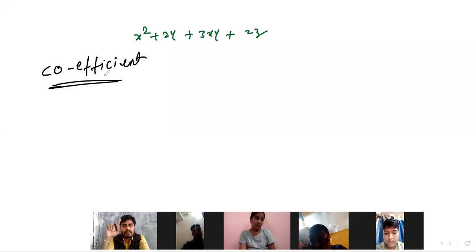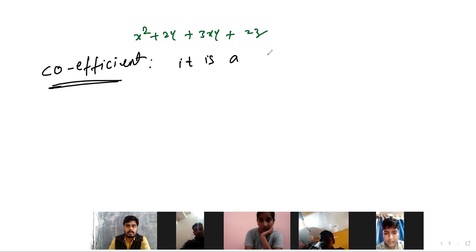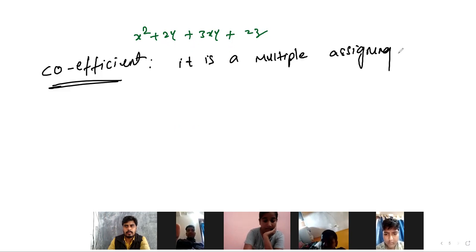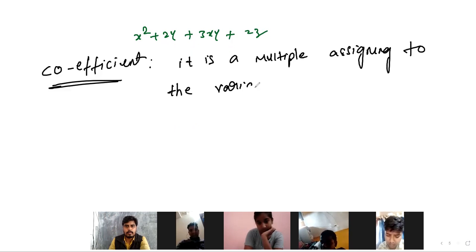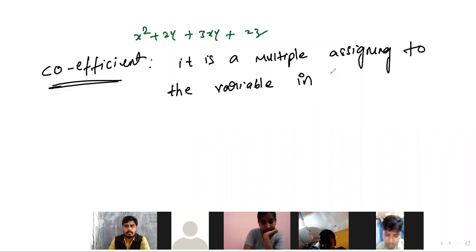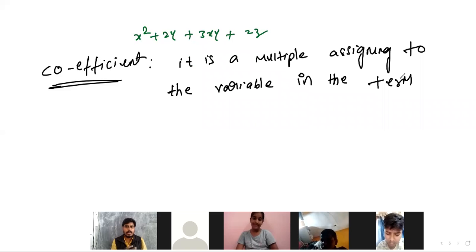Coefficient is a multiple which is assigned to the given variable in the term. Write down.